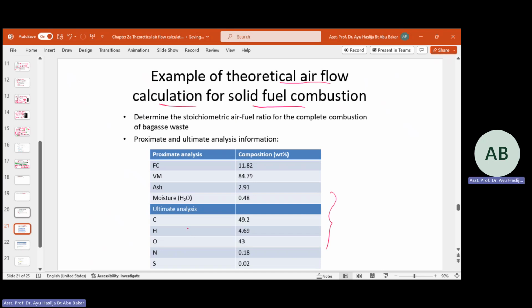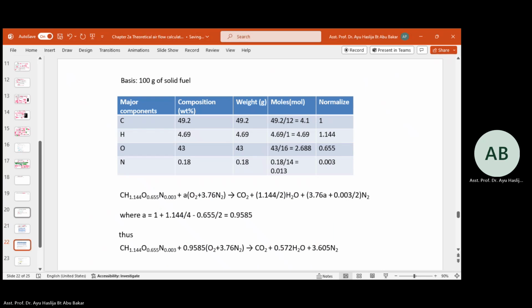Previously we tried to generate the chemical formula from the ultimate analysis. Do you still remember the steps? Find the mole, then normalize. Okay, find the weight from the basis first, then find the mole, then normalize.